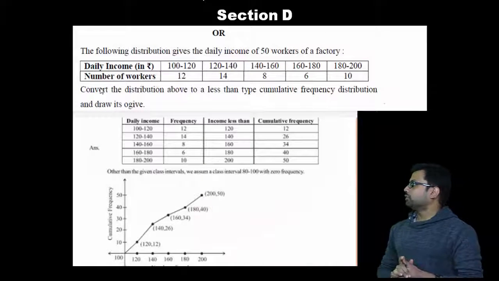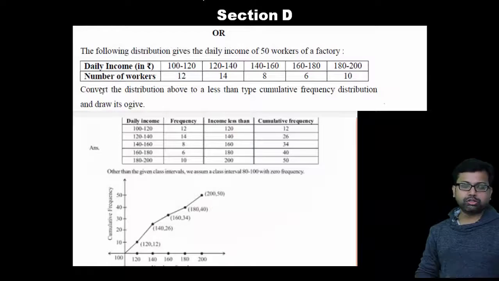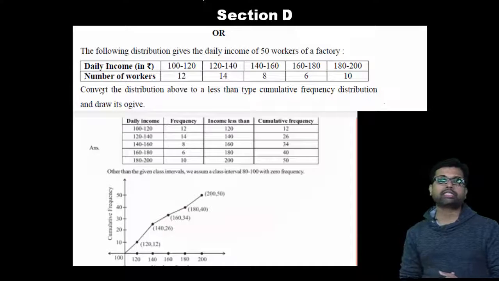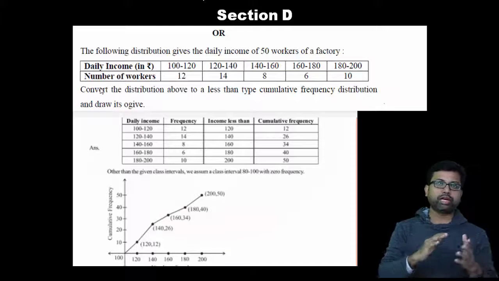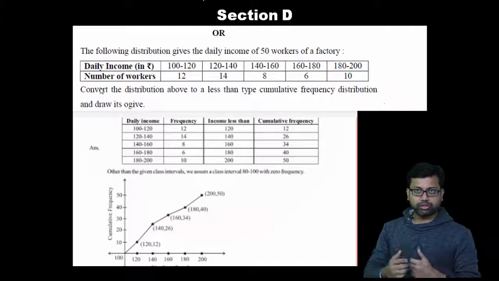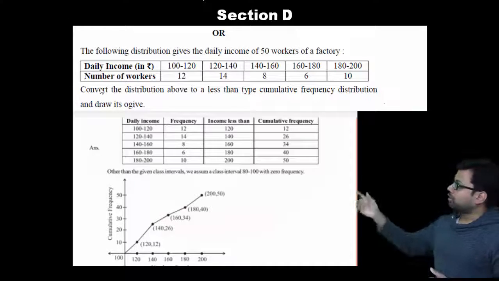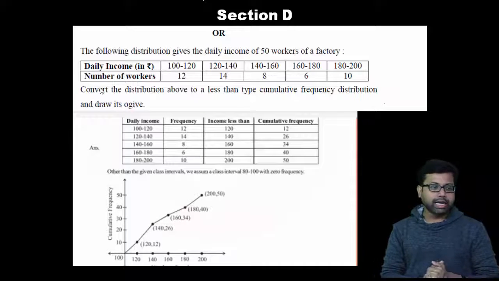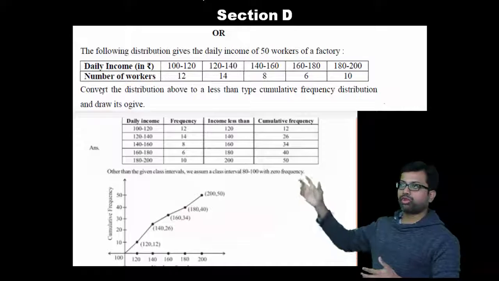Okay, so now in this question what you need to first do is you again have to tabulate the data and add certain columns to it. Since you have been asked to make a less than cumulative frequency distribution, you need to add the third column, income less than, because the variable is income.